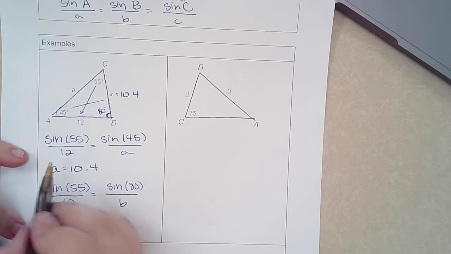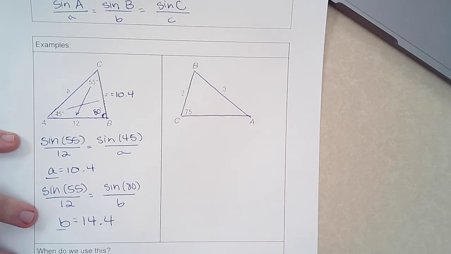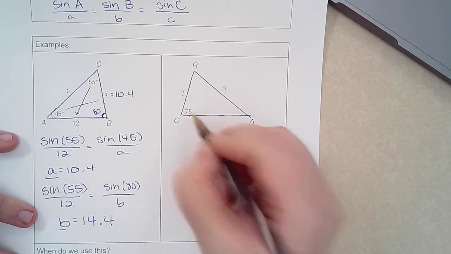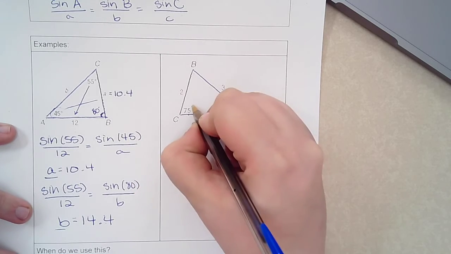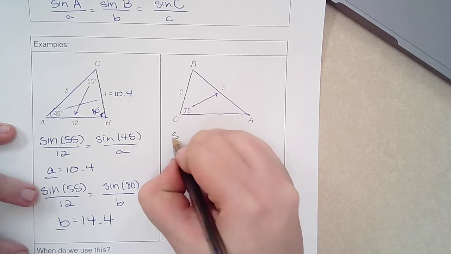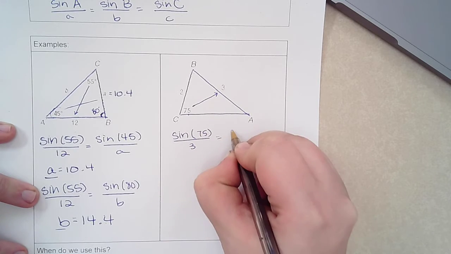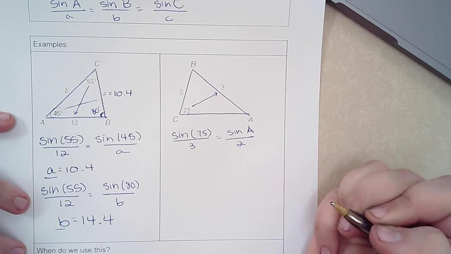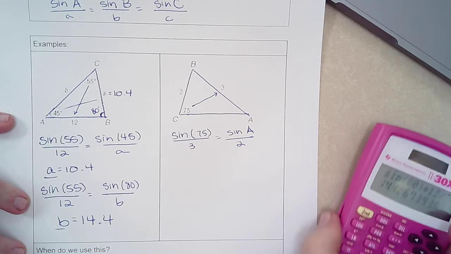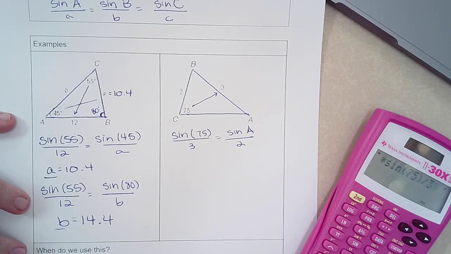The same way that we can find side lengths, we can also use law of sines to find the angle measures. So I know the true pair is 75 over 3, so sine 75 over 3 is equal to sine of A over 2. I can do this by doing 2 times sine of 75 divided by 3.